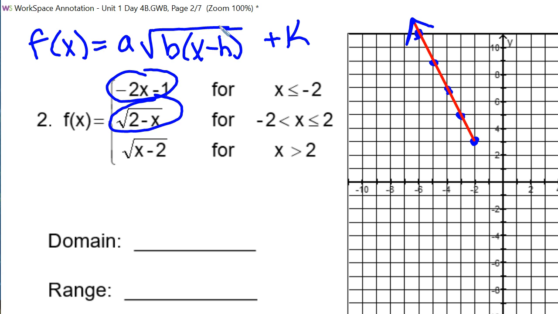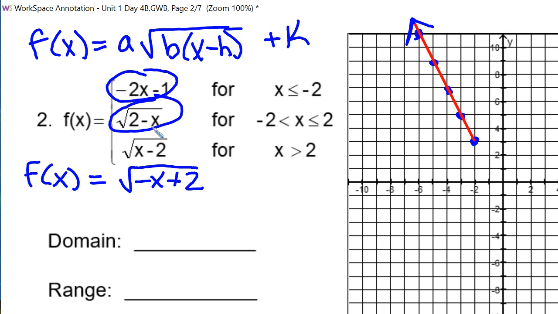Okay, so we're going to get that in vertex form. So this would be f of x equals, a is 1, we don't have to put it. But under the square root, instead of the 2, what should go first? -x, and then the plus 2.